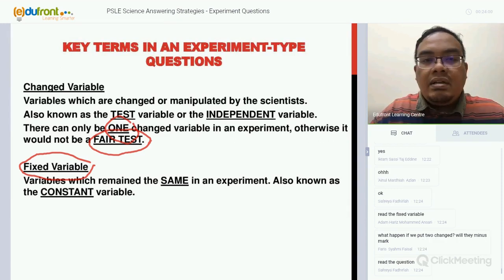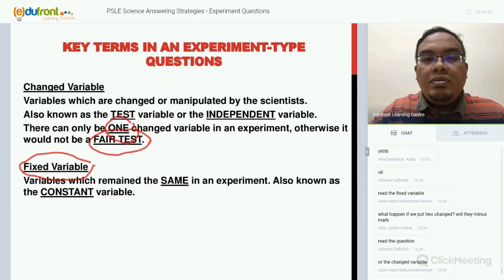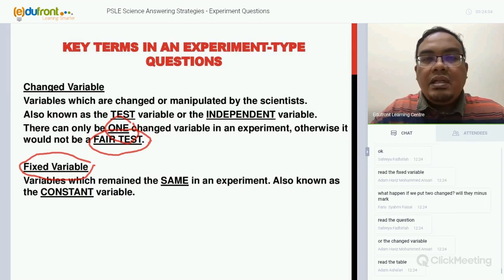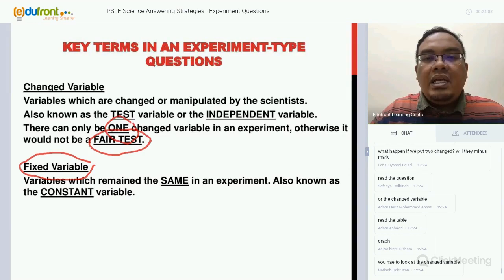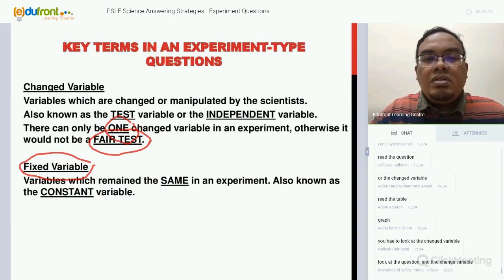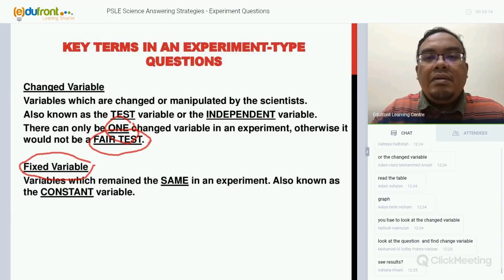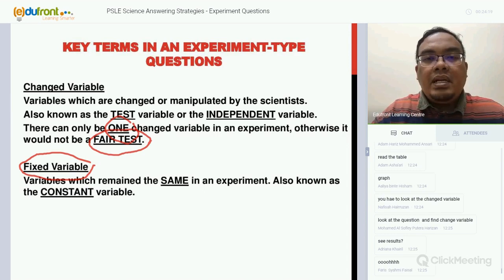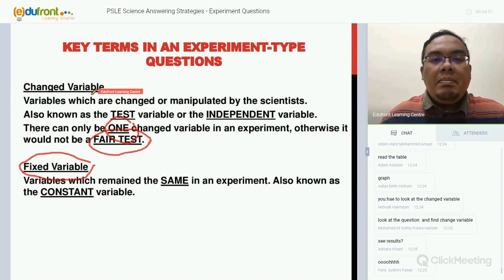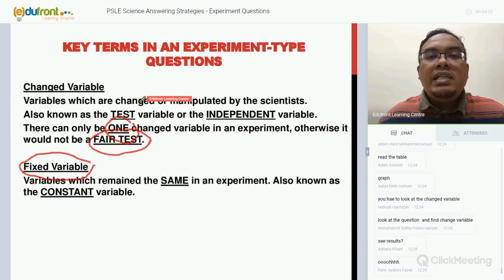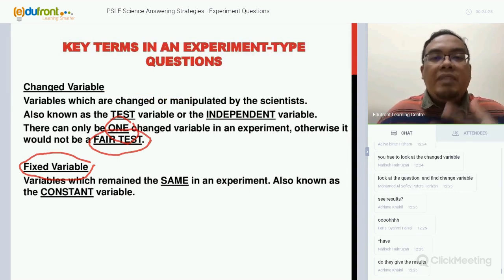Okay, right. The answer is you have to look not at the fixed variable, but at the change variable. The change variable is the test variable, right? When you identify the change variable, you can basically determine the aim of the experiment. Remember, the change variable is also known as the test variable. This is what scientists want to find out.